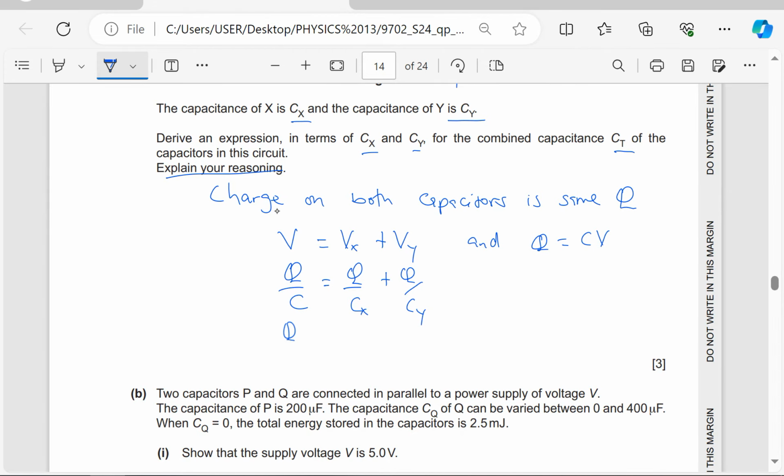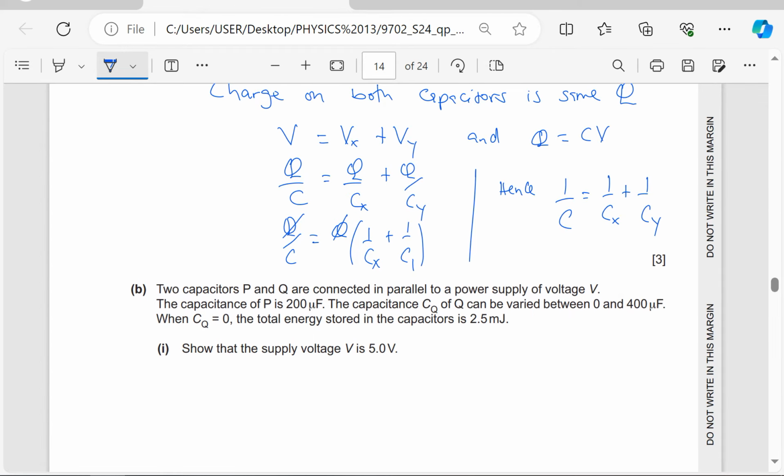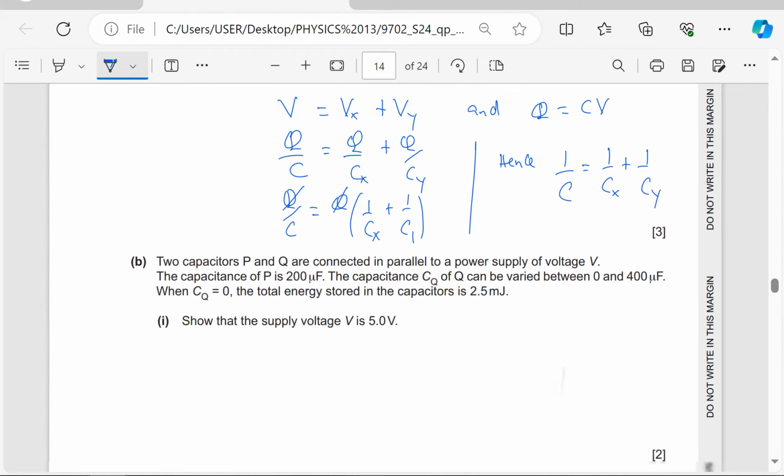So I have that Q over C is equal to Q into 1 over Cx plus 1 over Cy, and this Q cancels out. Hence, 1 over C, that is effective capacitance, is going to be 1 over Cx plus 1 over Cy. So that's how we find capacitance in series.